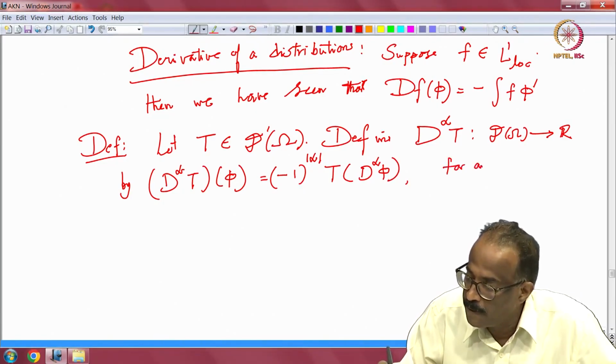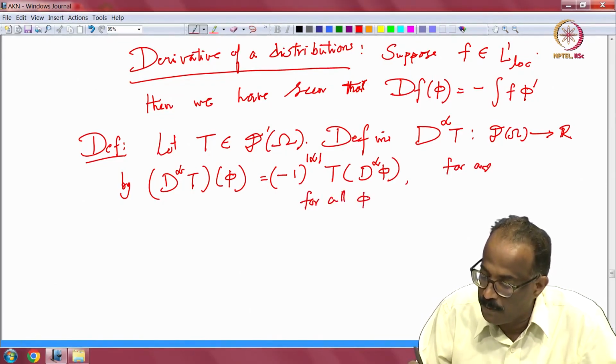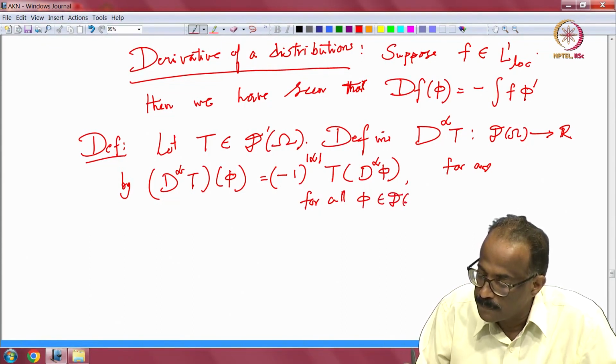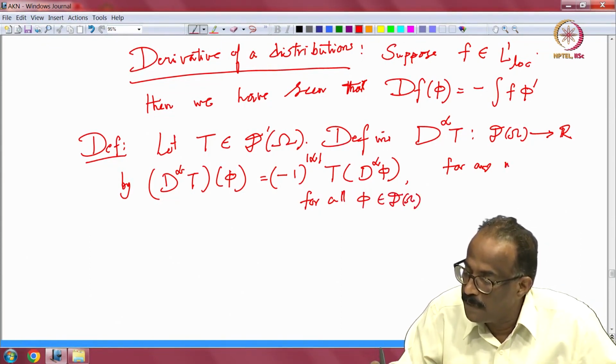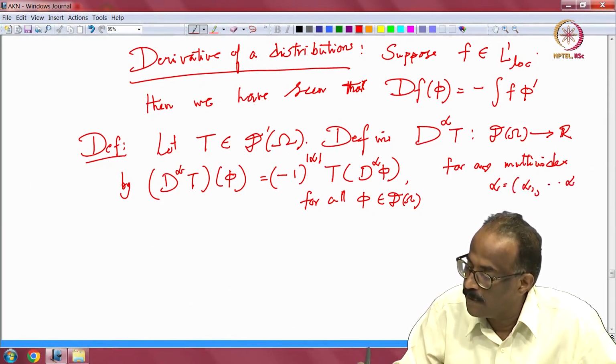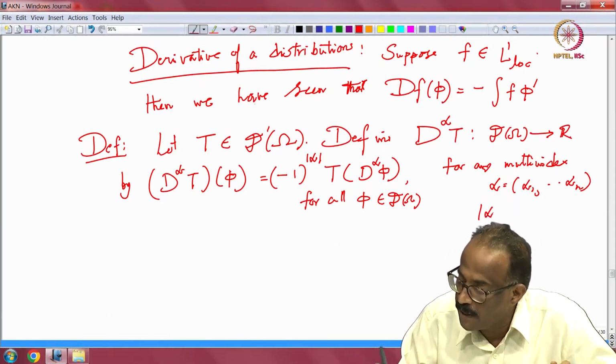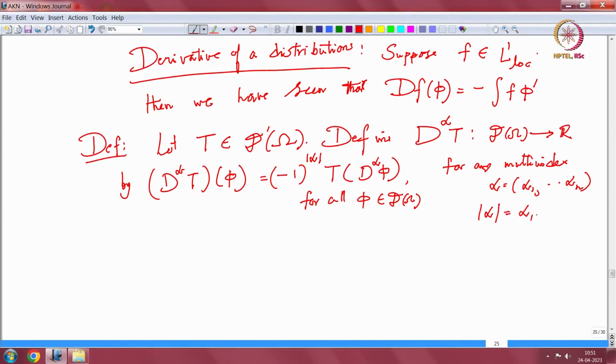This is defined for all phi in D(Omega) and for any multi-index alpha equal to alpha 1 up to alpha n, where alpha 1 up to alpha n are non-negative integers and mod alpha is equal to alpha 1 plus up to alpha n. You see you can define that.